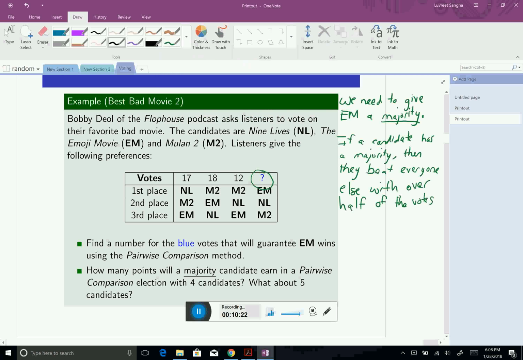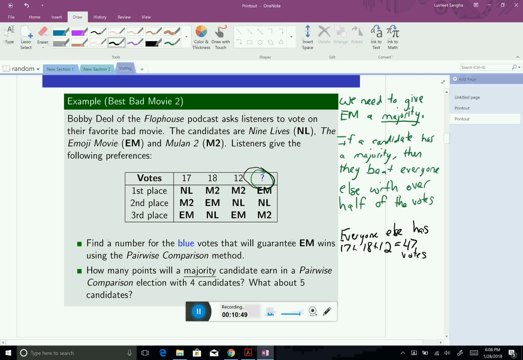Okay, so what we have to do now is figure out how many votes we put in this fourth column to give EM a majority. Everyone else is 17 plus 18 plus 12, which is 47. So everyone else is 47 votes.